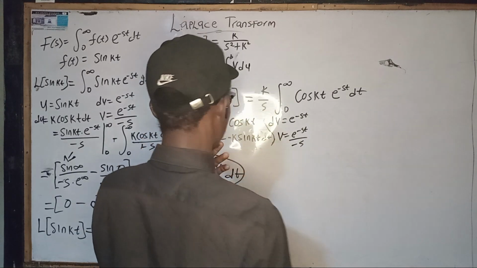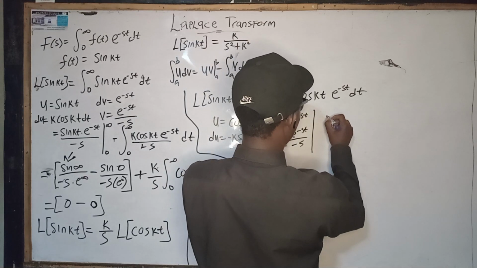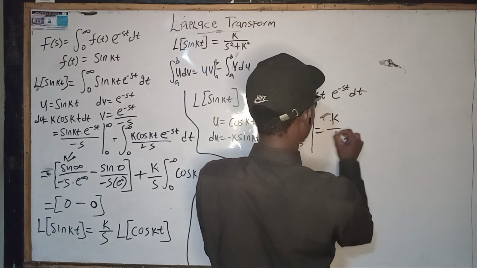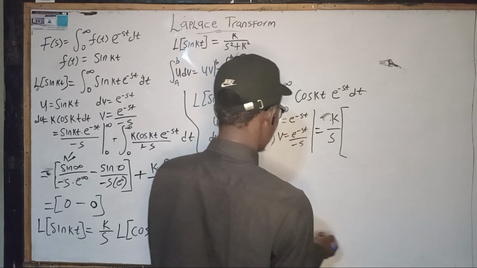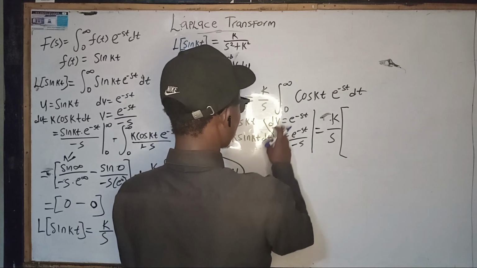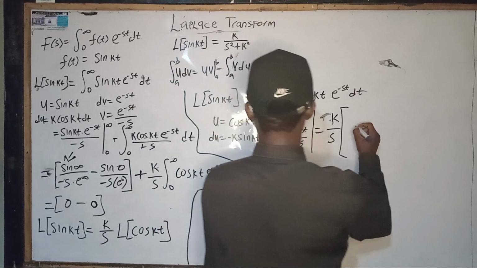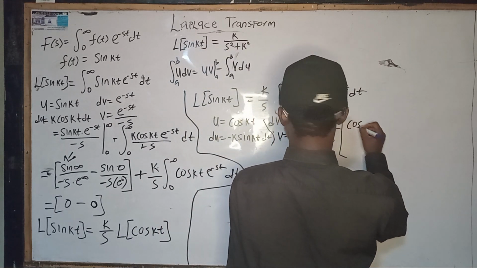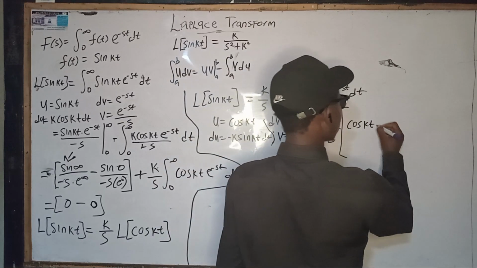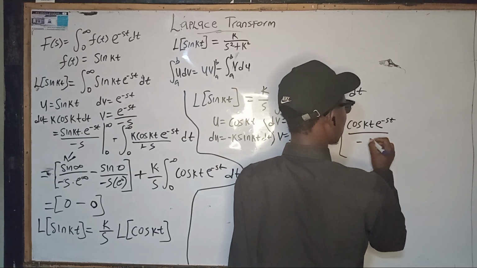So now that we have gotten that, we can just put it into a formula. First of all, I bring my k, we have it as equals to k over s into my big bracket first of all, and now I impute my values, u times v here. We have cos kt times e raised power minus st over minus s.